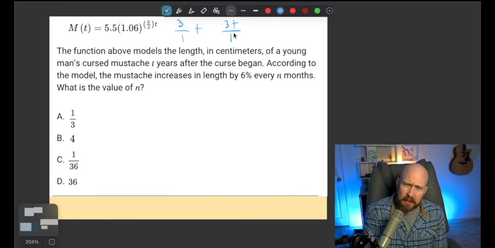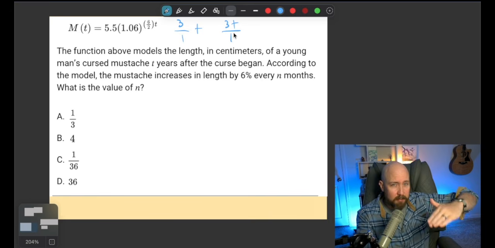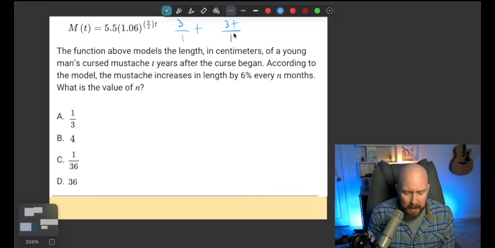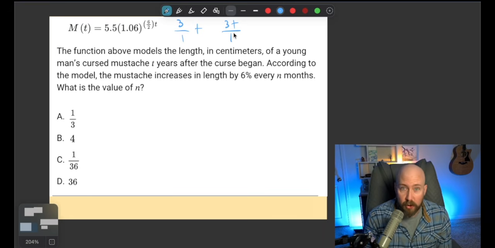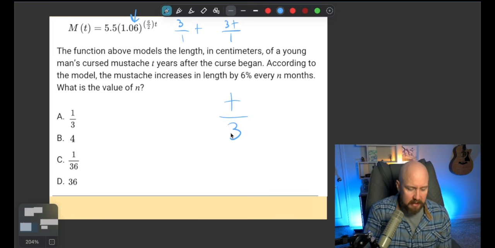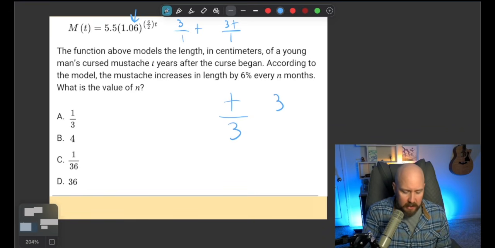But still, this is not the fraction that we're used to where we have x divided by a number or t divided by a number for every. So what the heck is going on? Basically, let me just remind you. If we had t over 3, and we were to say this happens every 3, I don't know, years, then 3 over 3 years would give us an exponent of 1.